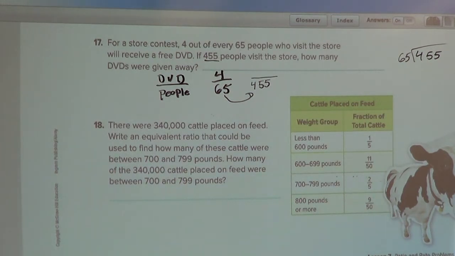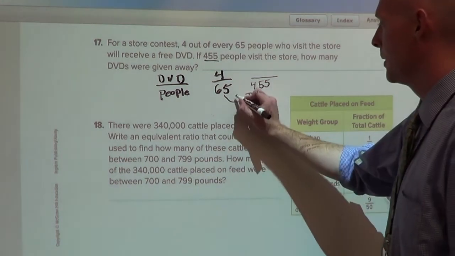And 7 times 5 is 35. Carry the 3. 7 times 6, 42, 43, 44, 45. Ooh, look at that. 455, it's times 7. 455, subtract, we're at 0. Perfect, so now we know it's going to be times 7.